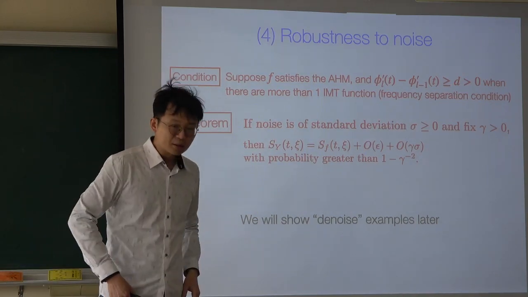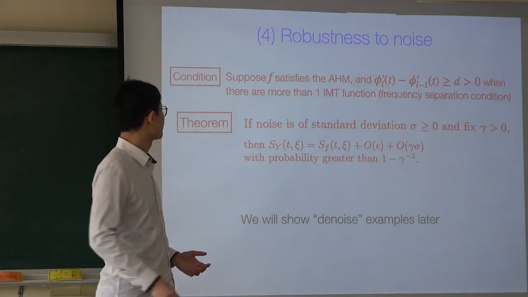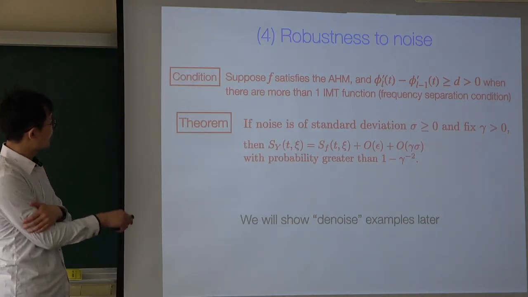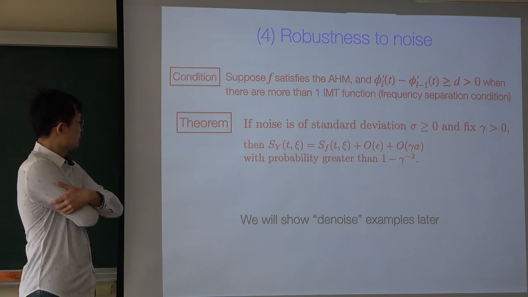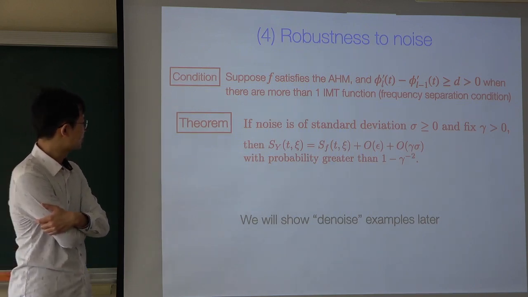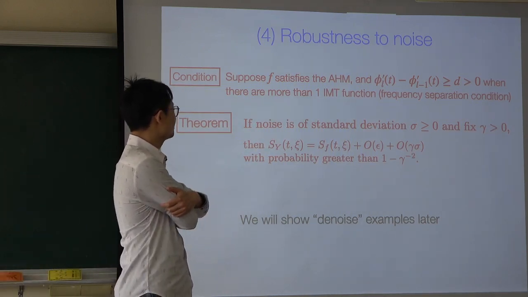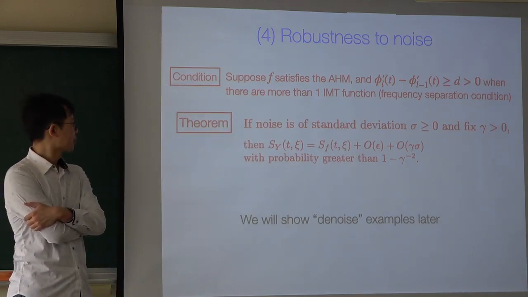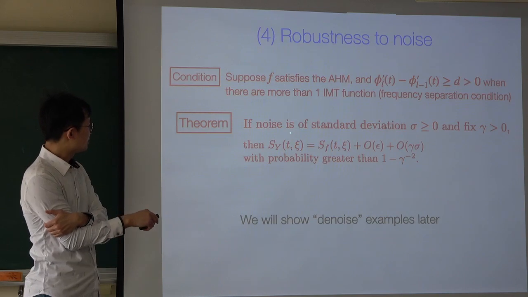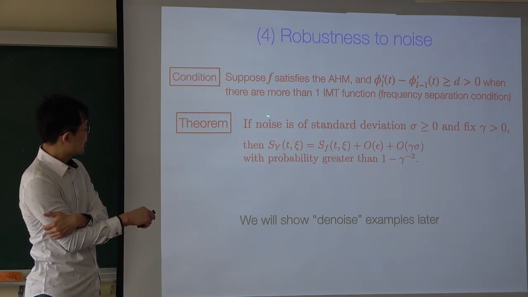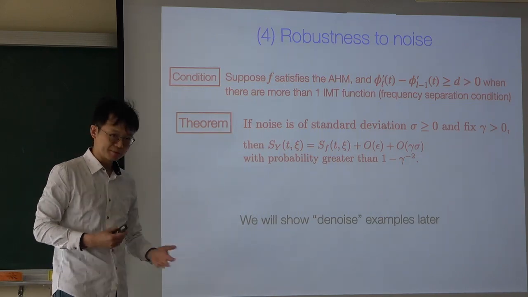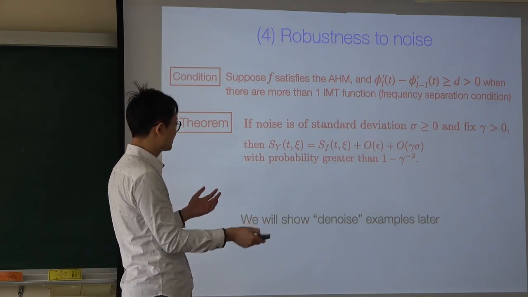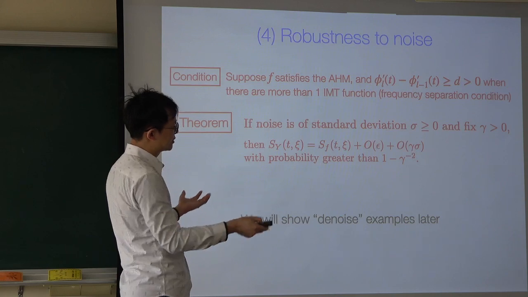So the fourth property is the robustness to noise. Again, we have the same condition. So the theorem is the following. Suppose the noise is of standard deviation sigma greater than or equal to 0. What it means is the noise at each time has standard deviation which may be positive, or even 0.